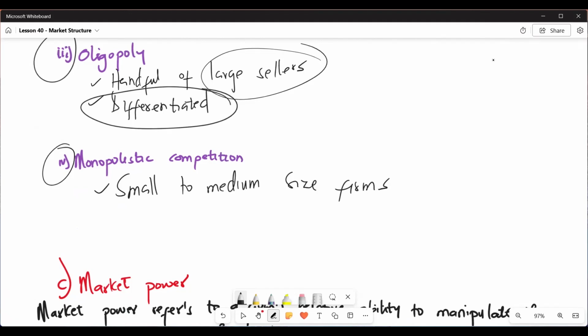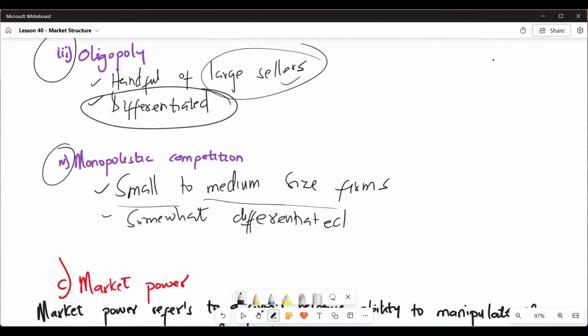So it's not one seller like in monopoly, it's not many sellers like in perfect competition, and it's not few large sellers like in oligopoly, but small to medium-sized firms that dominate the market. Now, their product can be somewhat differentiated, just like we have in oligopoly. So because of this, they have limited control over price.